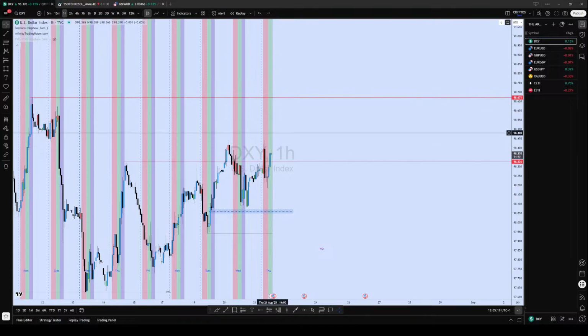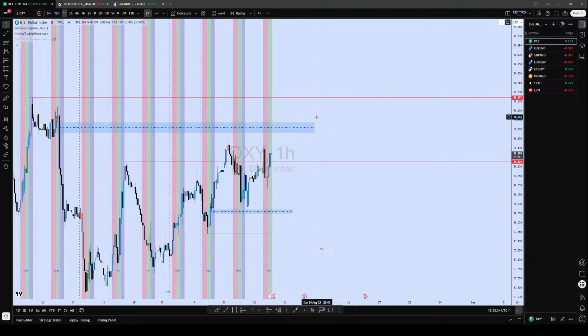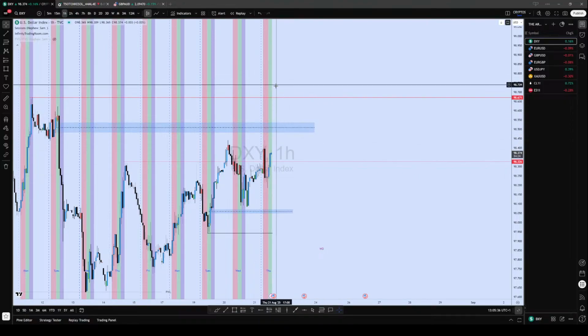So look for continuation to the upside. Maybe they might pause in here a little bit, but ultimately I think they might run through that. So basically look for continuation to the upside on the dollar.